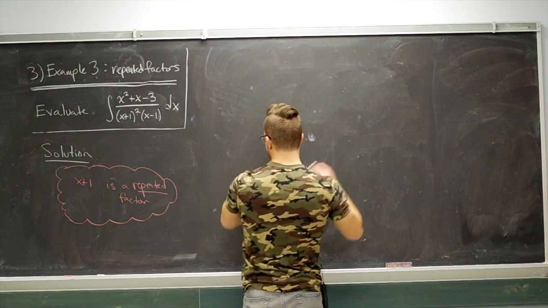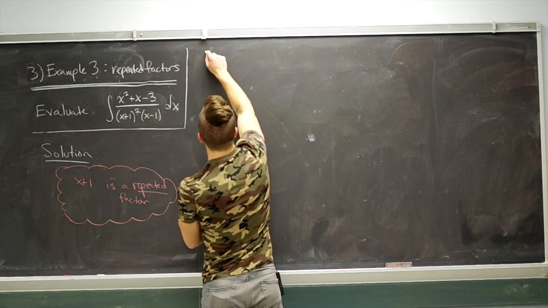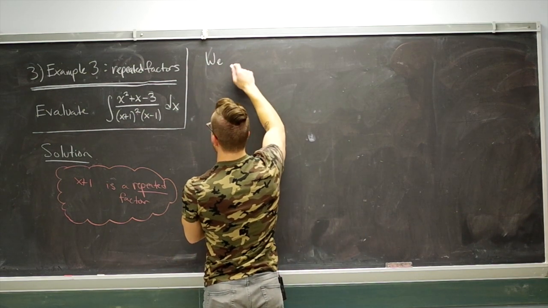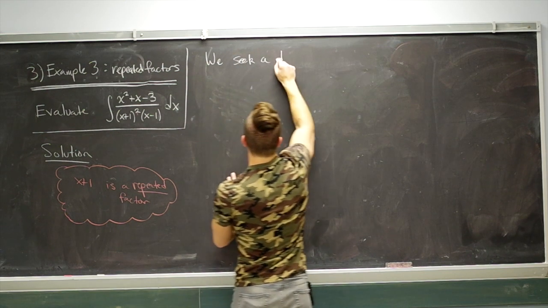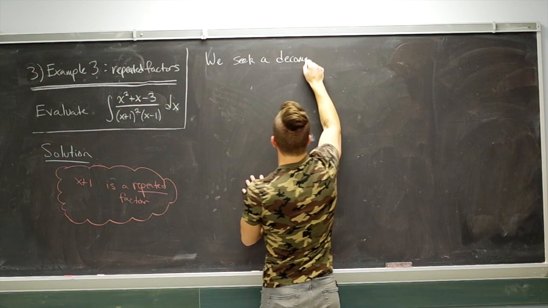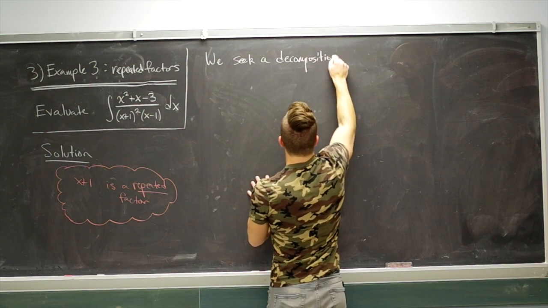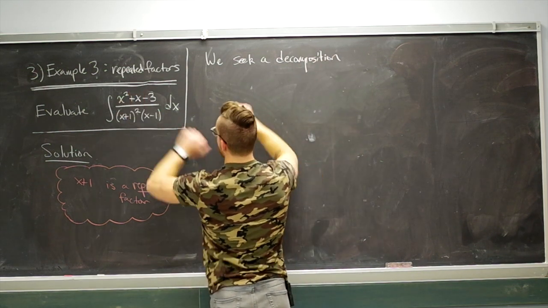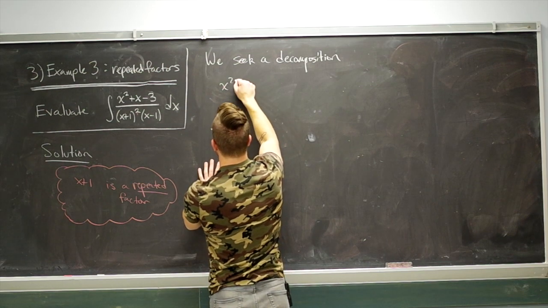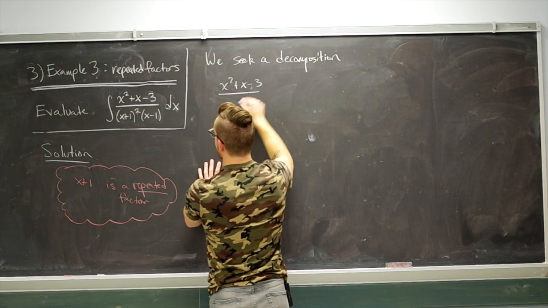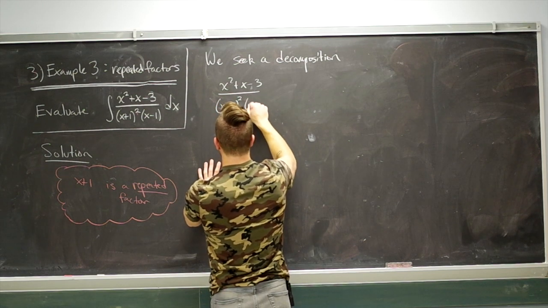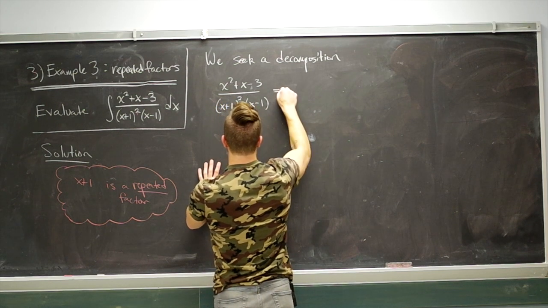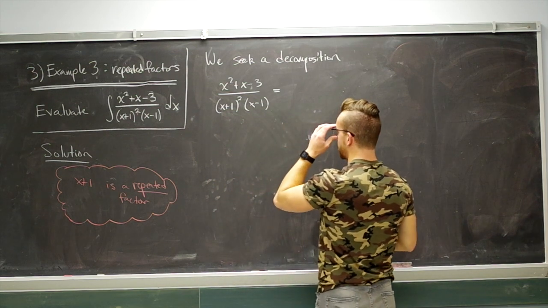So I'll start off exactly the same as I have been. We're looking for a particular decomposition. Here's our function, x squared plus x minus 3 over (x plus 1) squared times (x minus 1) equals, here's what I want to do.